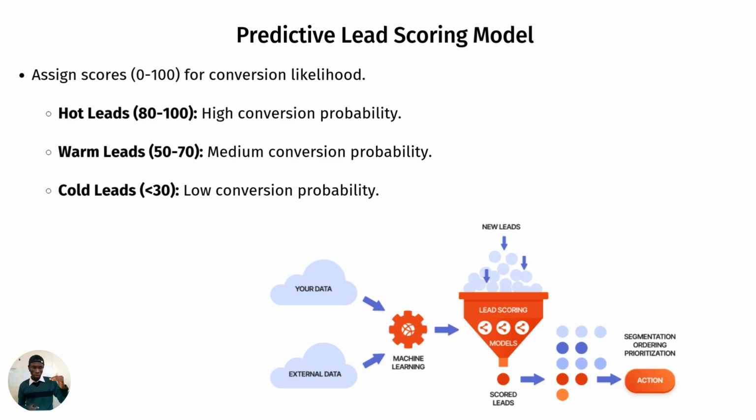So with the hot, warm, and cold leads, we'll of course be using different techniques to pursue those leads. But we're going to place more effort on the leads where the conversion likelihood is about 80% to 100. This is a diagram illustrating how that model will work.